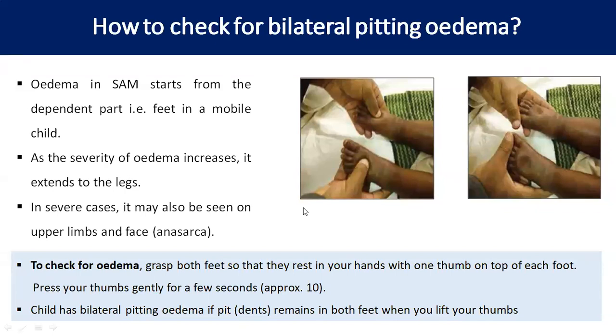To check for edema, one has to grasp both the feet so that they rest in your hand as the picture is showing, and with one thumb we press on top of each foot, and approximately for 10 to 20 seconds one presses, and if there is a denting, it is suggestive of pitting edema.